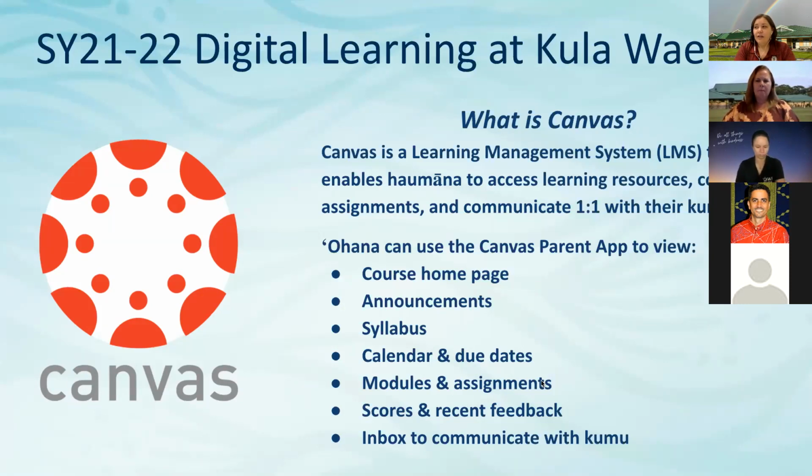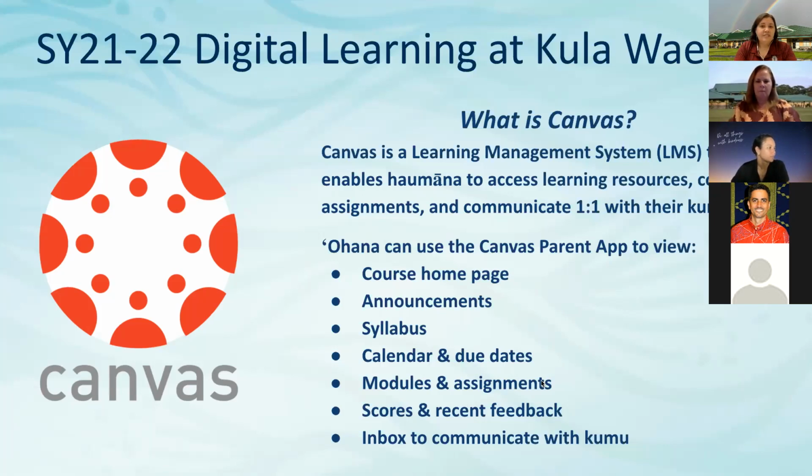You'll be able to find a lot of information there. And then as Ohana, you also have access to create accounts where you can view all of the course home pages for the courses that your keiki are in. You'll be able to subscribe to announcements that the kumu are posting in each of the courses.